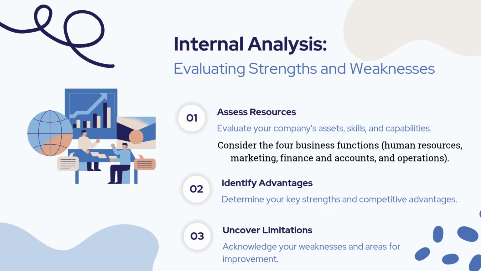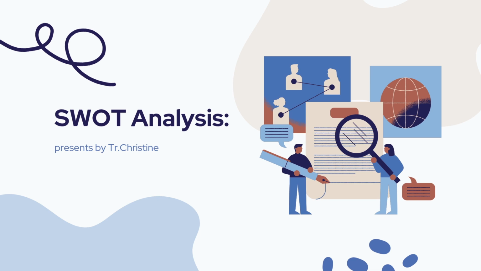The advantages also stand for the strengths, and the limitations are the weaknesses. Also, I'm not sure if I mentioned it, but SWOT stands for strength, W stands for weakness, O stands for opportunity, and T stands for threats.